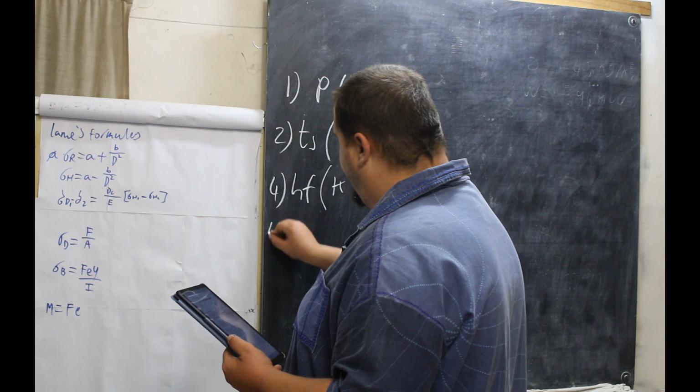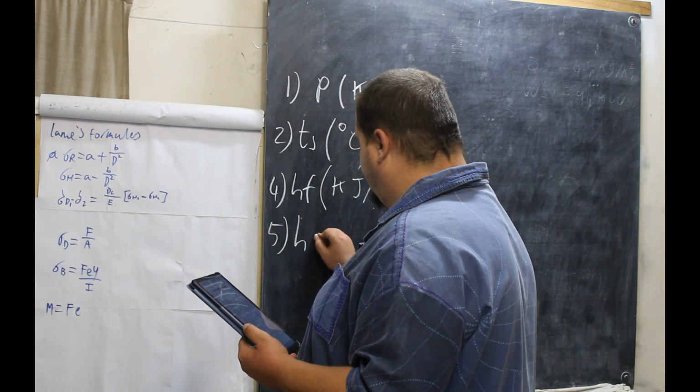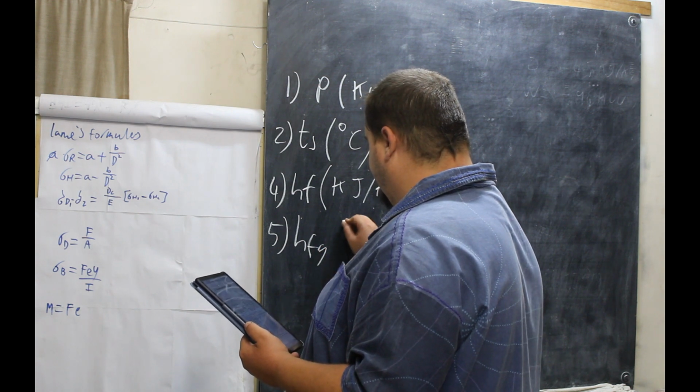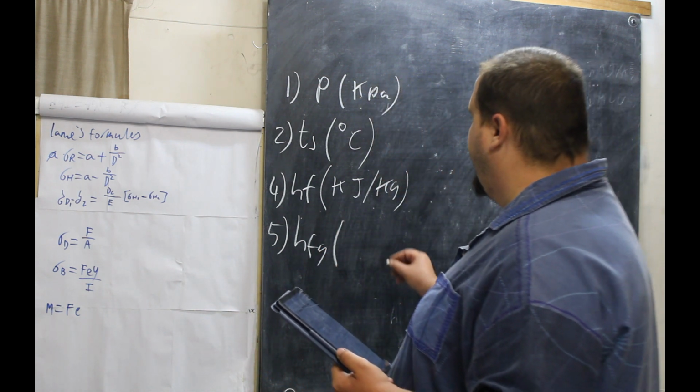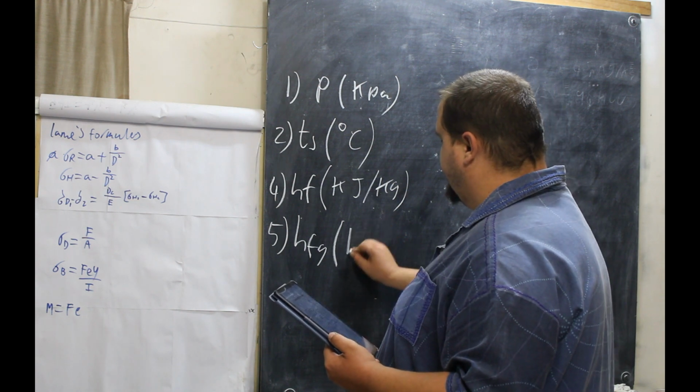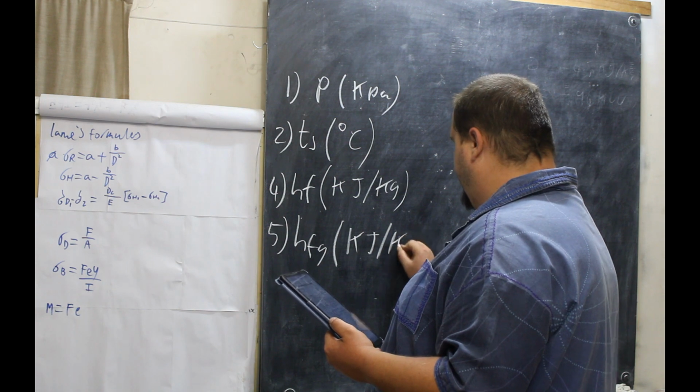Then we do number 5, which is HFG. This is our enthalpy of evaporation, in kilojoules per kg.